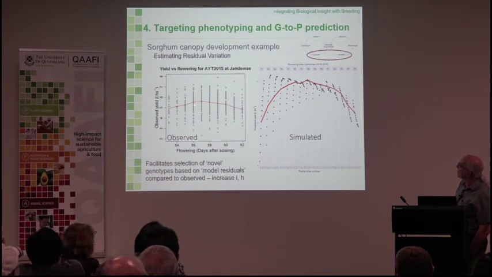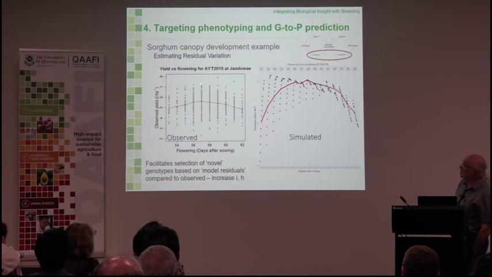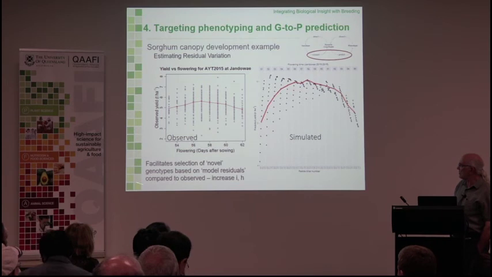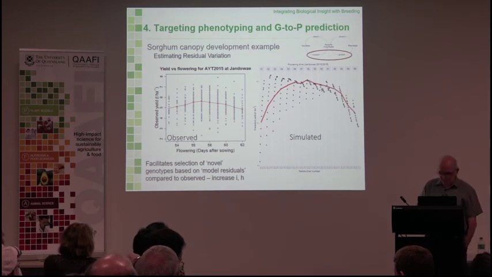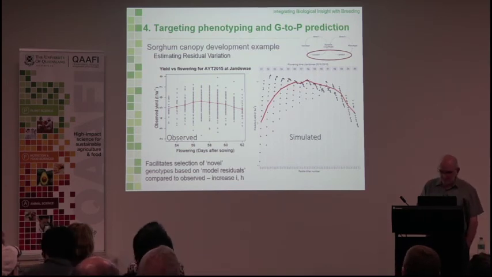And so you can look at the residual from this and say, well, okay, you're actually a high tillering one up here, so I would expect you to be up there. But there's a low tillering one that's up there. And so that's telling me it's probably got something far more useful than the high tillering one that's up there, because it's further away from where you would expect it to be. So the residuals start to give you very targeted information. And so you can start to do some pretty nice things with how you go about enhancing genetic gain.